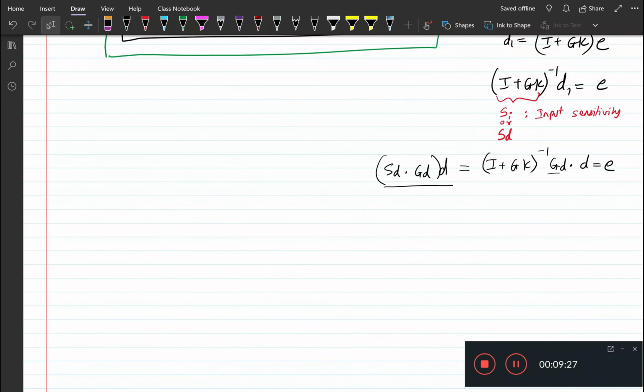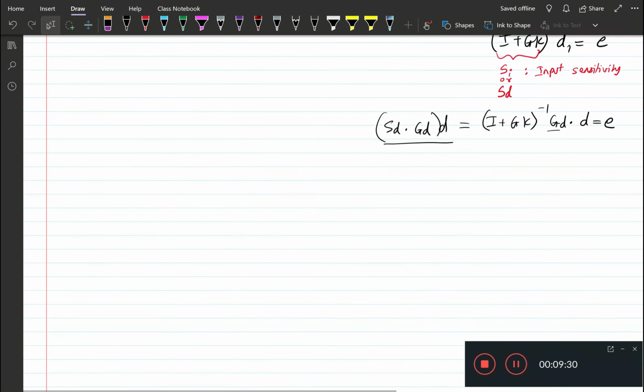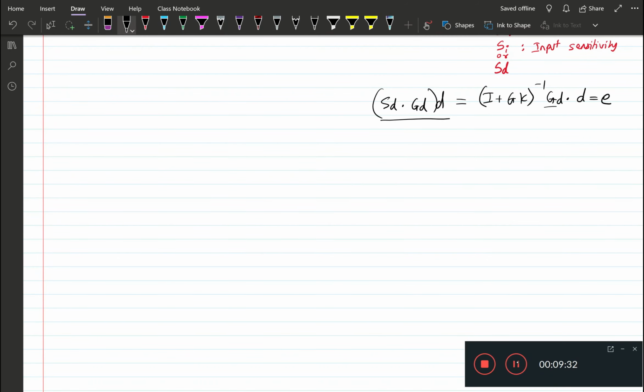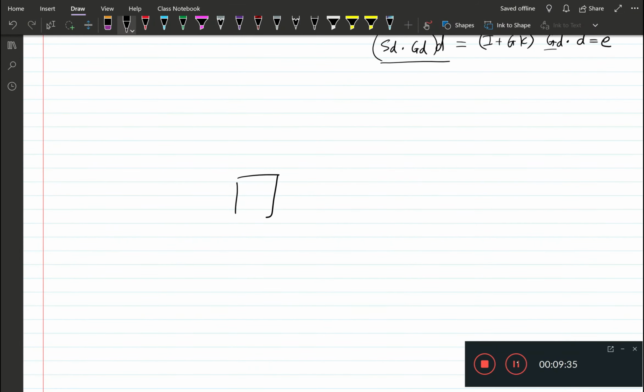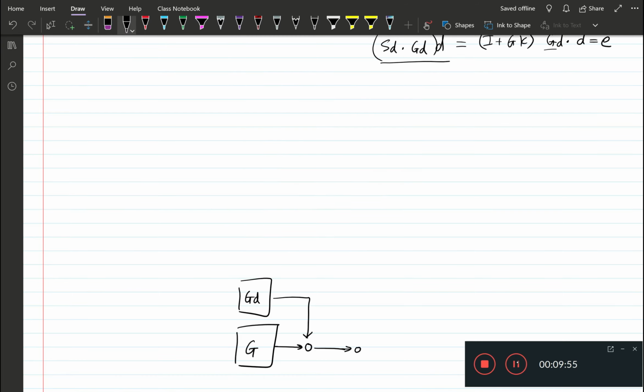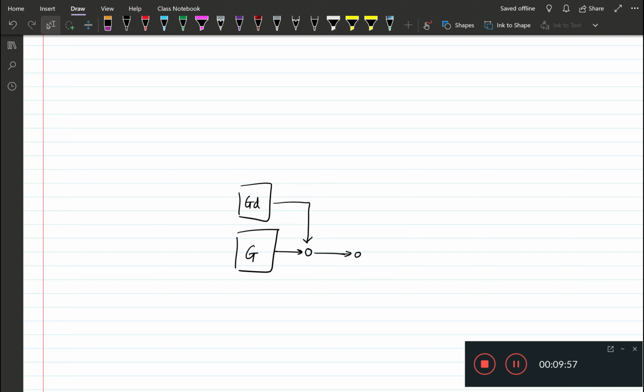Now let's try to sketch the generalized plant. Now this one looks like this. We have a G block, we have a GD block, then T, Vd, and the disturbance is entering here.